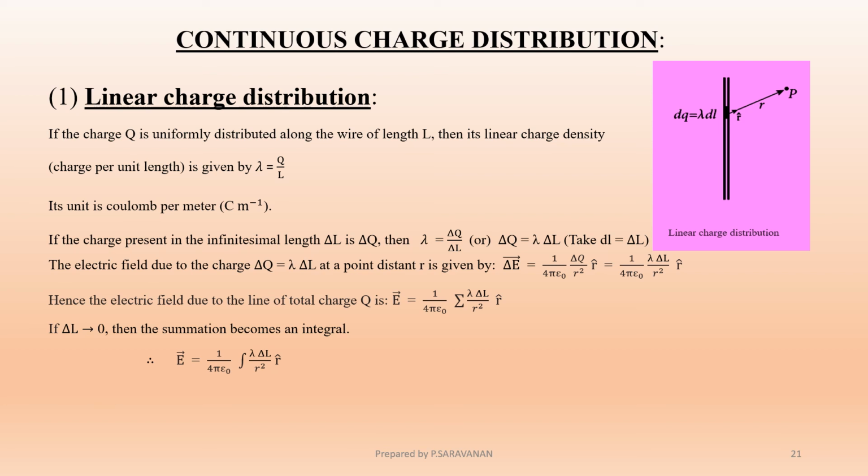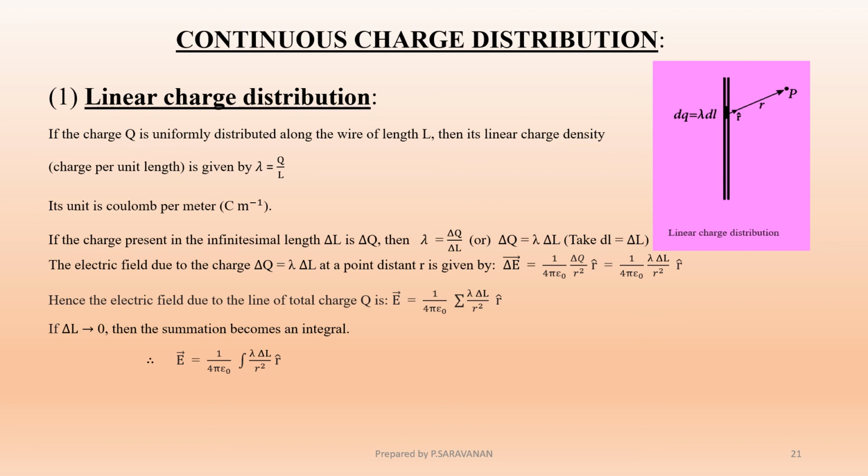Hence, the electric field due to the line of total charge capital Q is E vector equal to 1 by 4 pi epsilon naught times the sum of lambda dl by r squared times r cap. That means you have to imagine the entire length of the wire made up of small elements of length dl.